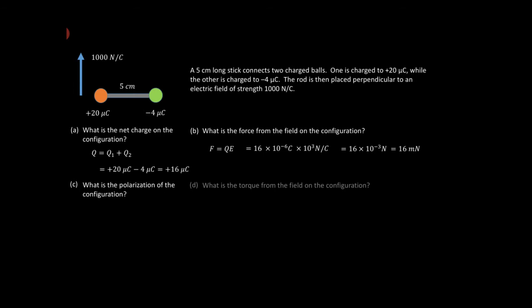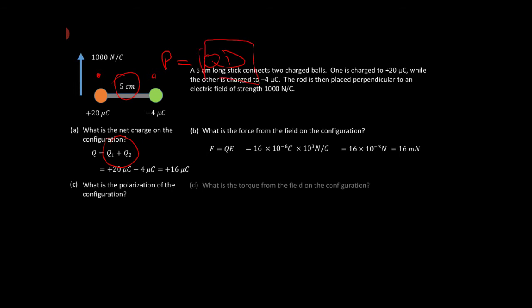Polarization. So the polarization is a little bit odd. So remember, if we had these two have the same charge, the polarization would be P equals QD, where D would be this distance. Now, in this case, we have different Q's, right? So what we'll have to do is figure out what would give us this.